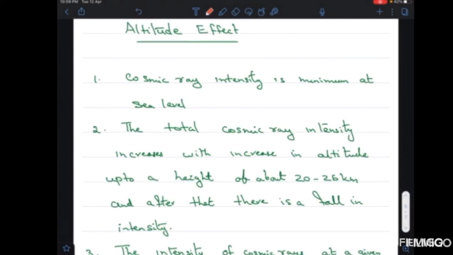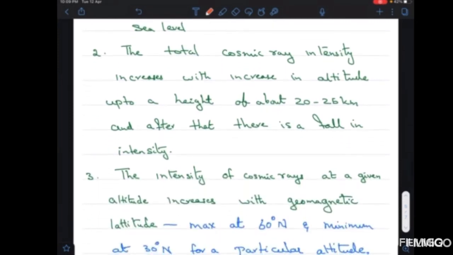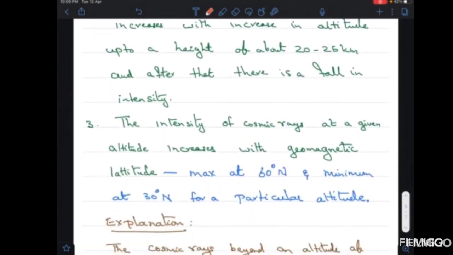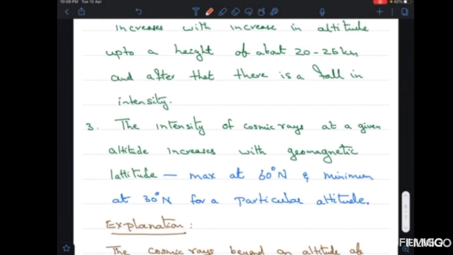The third observation is that the intensity of the cosmic rays at one given altitude increases with geomagnetic latitude.